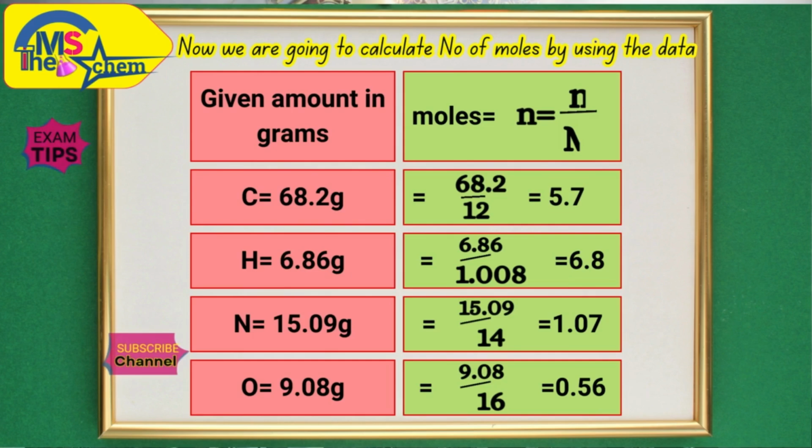So 68.2 over 12 is equal to 5.7. In a similar way, we divide the mass of hydrogen, 6.86 grams, by 1.008, which gives 6.8 gram atoms. Now executing the same formula for nitrogen and oxygen, we get the number of moles for nitrogen 1.07 and for oxygen 0.56.